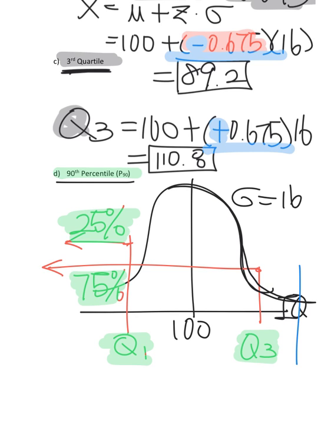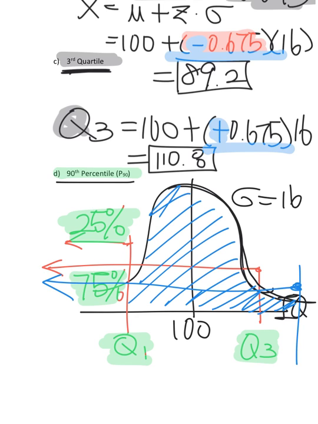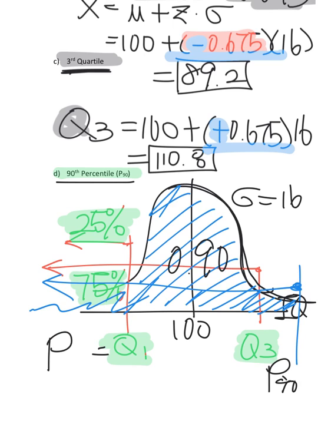It's up to here, the 90th percentile, with probability 0.9. So here is the notation, P90, for the 90th percentile. The other way, Q1 is P25 and Q3 will be P75.